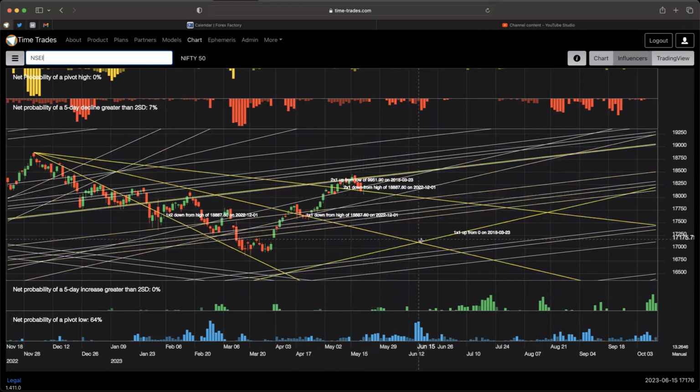It does look like, however, this downtrend could continue through to mid-June, given the combination of probabilities of moves down, as well as the probability of a pivot low here. So it looks like there's continued bearish potential on the Nifty, at least for the next 2 to 3 weeks.